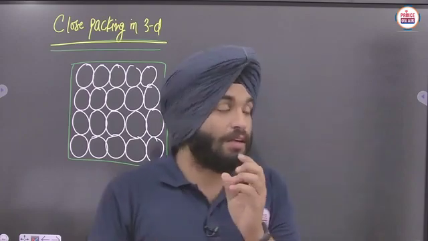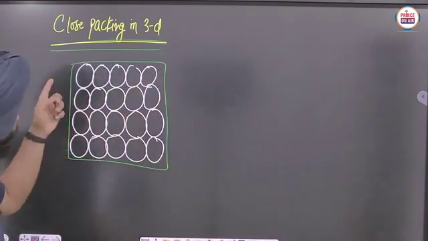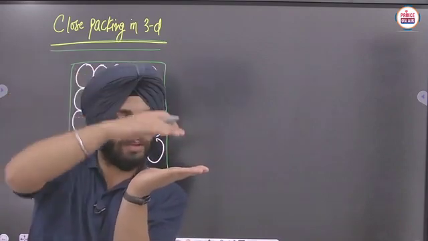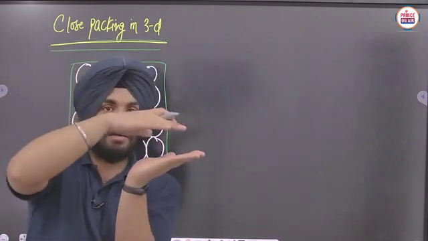In this case they have two dimensions, length and breadth. Now we have to make the height: first layer, then second layer, then third layer.